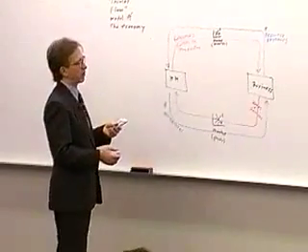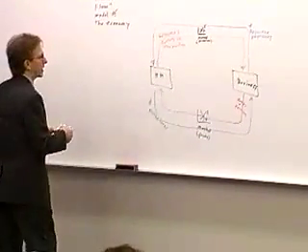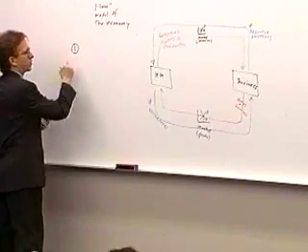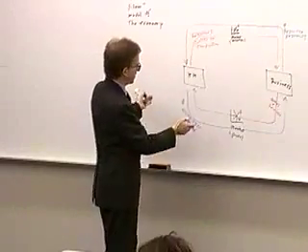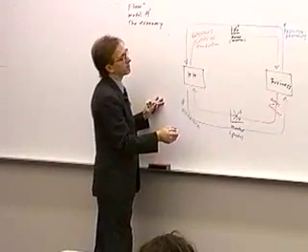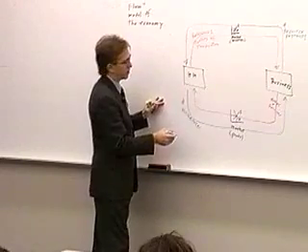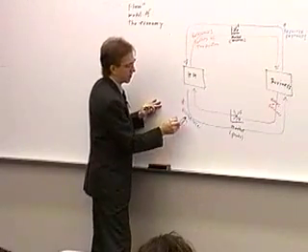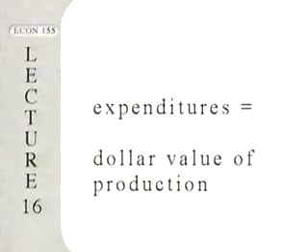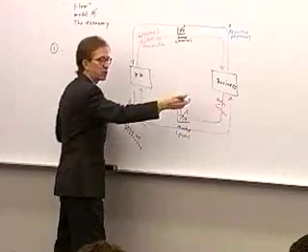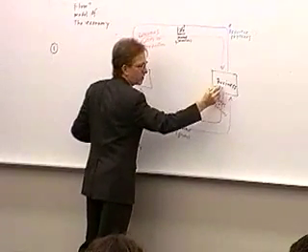We've got a couple points that we want to make here. Let me make the one point, and it's this. Here's the value of production. These dollars that we're looking at here, expenditures, this is the dollar value of production. That is to say, the goods are coming from the business sector.